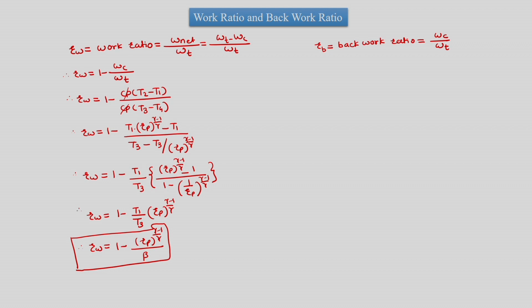So similarly, we can derive an expression for back work ratio as well. Knowing the temperatures and corresponding relations, we can find out what is the back work ratio. So these are the derivations for work ratio and back work ratio.